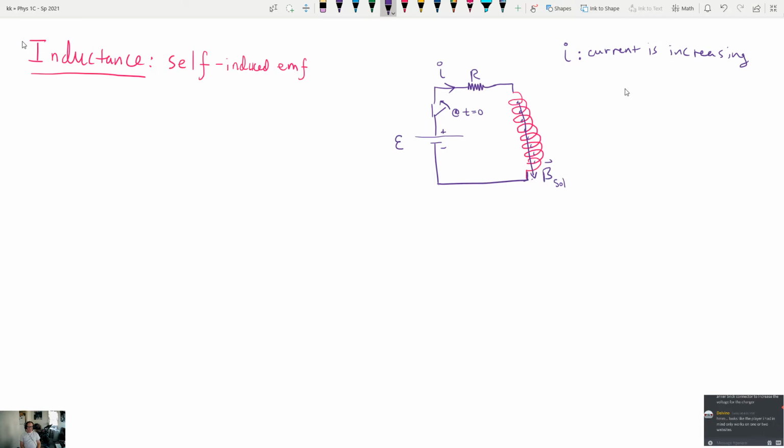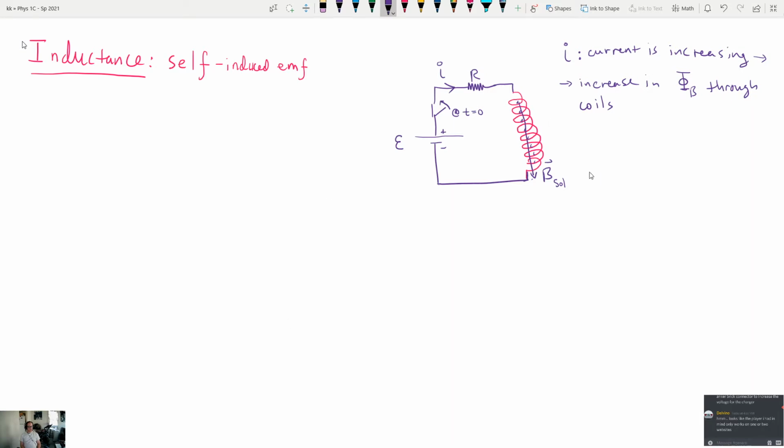But the increase in current means that there is an increase in magnetic flux through those coils, right? So phi b, magnetic flux through the coils. Yeah? And what happens after that? So current's increasing, which leads to an increase in magnetic flux through the coils.